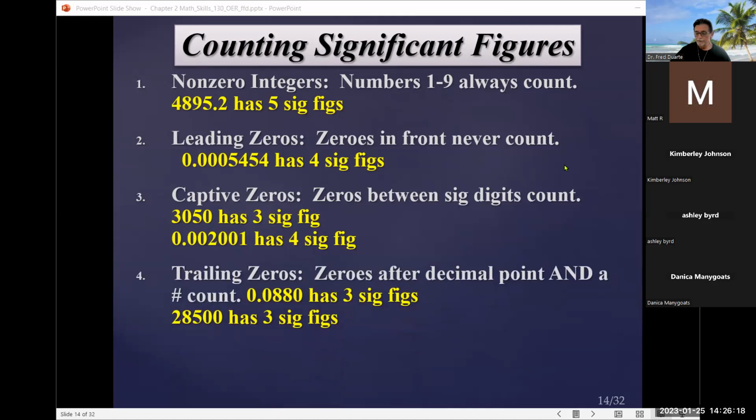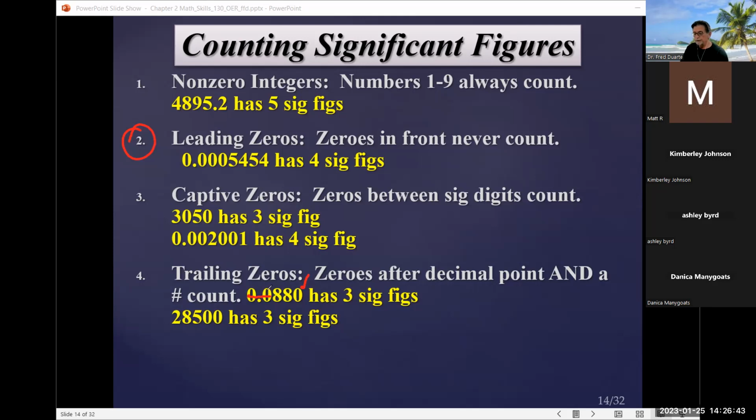Now, trailing zeros. Okay, so let's take a look at this number here. The first 2 zeros, as per rule number 2, do not play a role because they're leading zeros. And then the last zero, we would think that it wouldn't count.